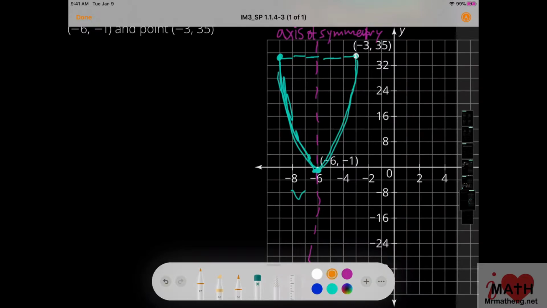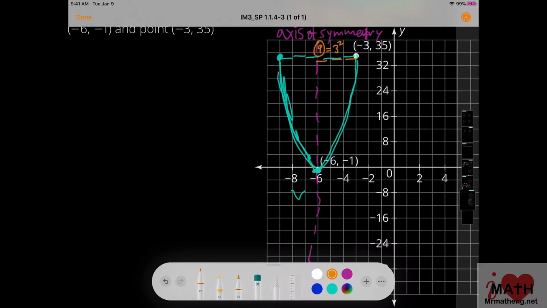But for the reference points, you need to calculate how many units away this is. This is 3. Now, if you take this value and you square it, you get 9.